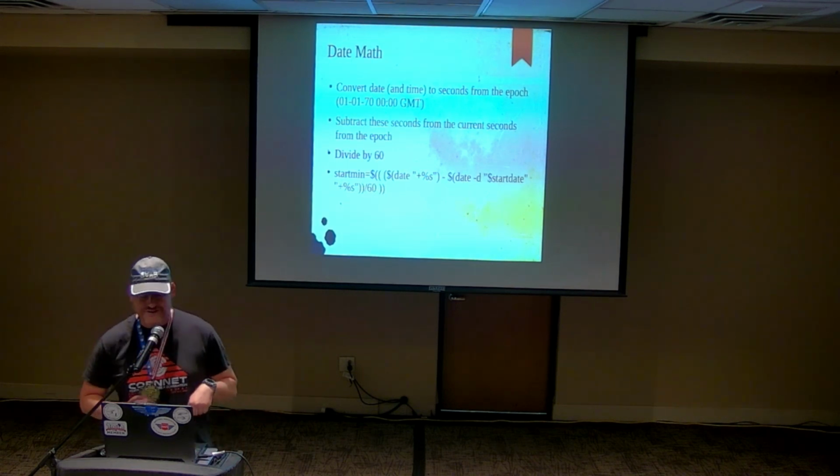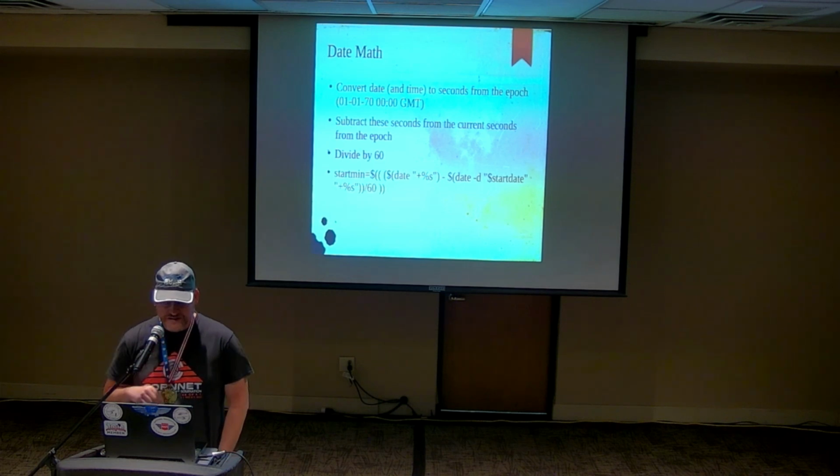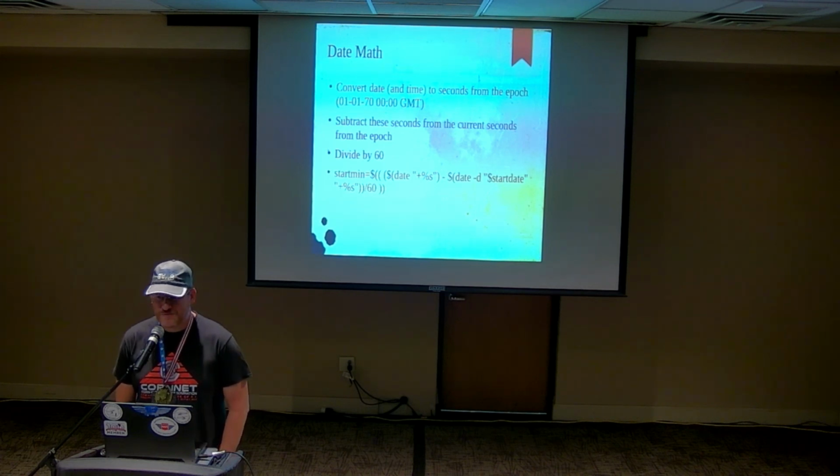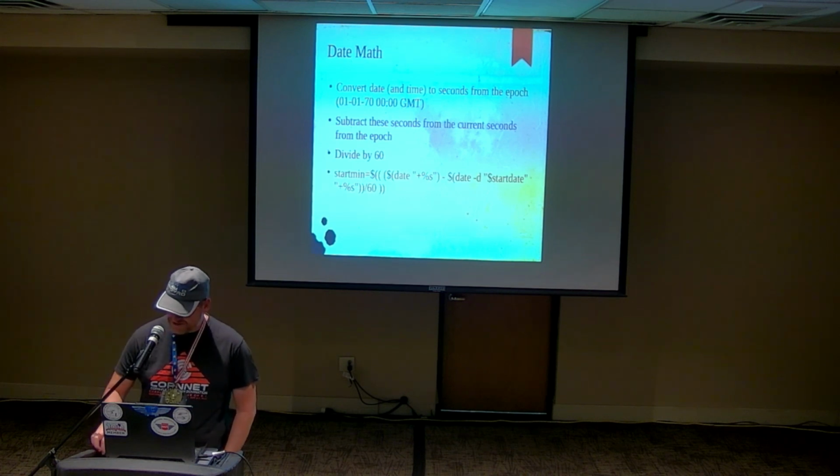Well, it is what it is, right? But so here, what I'm doing in the first part of this, I'm just getting the current date, and the +%s is a format specifier.